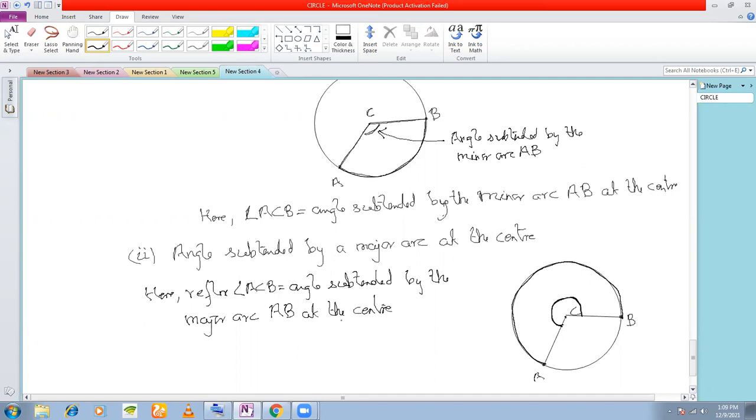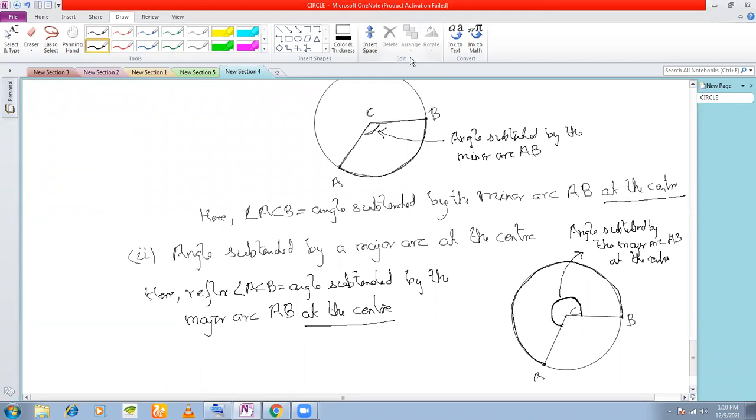I underline at the center. Here also I underline at the center. So this reflex angle is called the angle subtended by the major arc AB at the center. Now check the difference and let me know if the difference is clear.